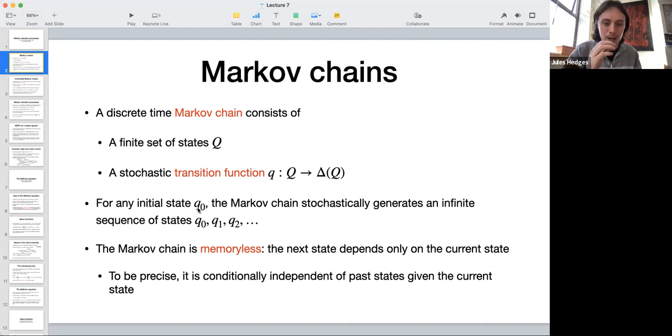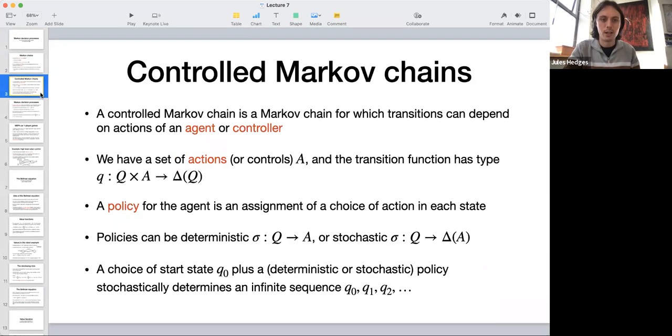The key thing about the Markov chain is that it's memoryless, which means that the next state depends only on the current state. Or to say this in precise probability theory terms, the next state is conditionally independent of past states given the current state. Okay, so that's an ordinary plain Markov chain.